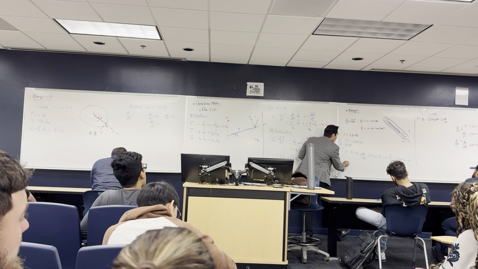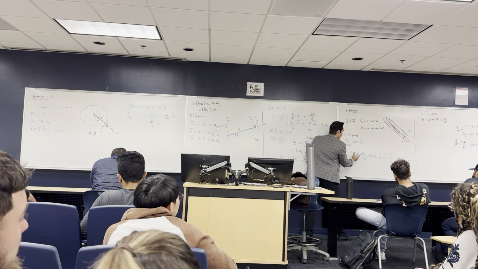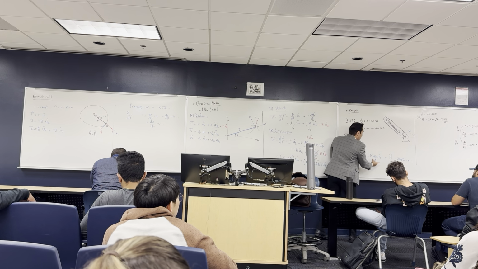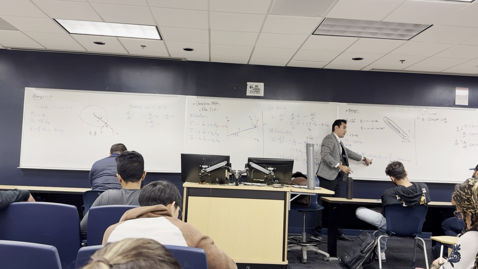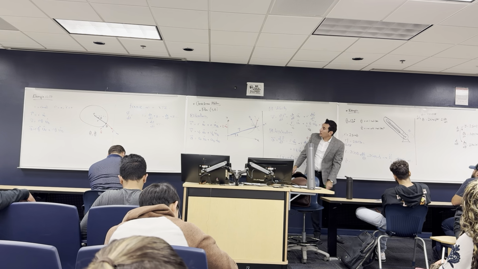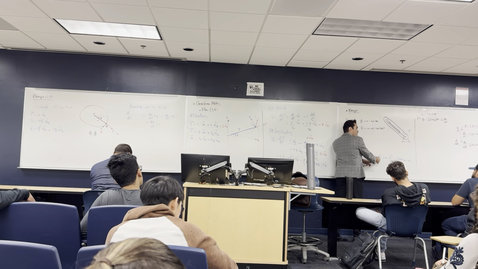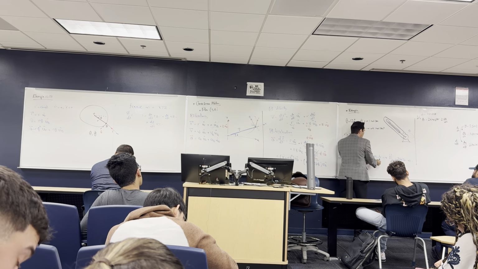If I want to get r double dot, I want to take another derivative with respect to the time. So right now I need to take the derivative of this. This has right now 2 components, cosine theta and theta dot. Do you guys remember the rules that I put here? It's 2 variables. I'm going to differentiate this part multiplied by this part, and this part multiplied by this part.